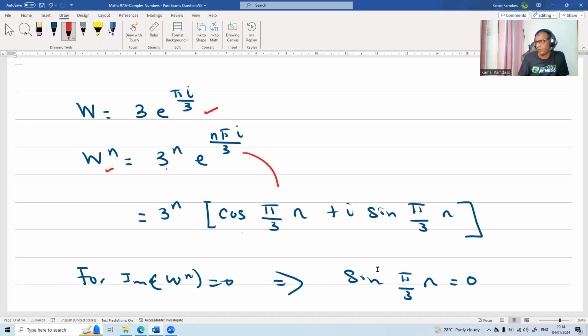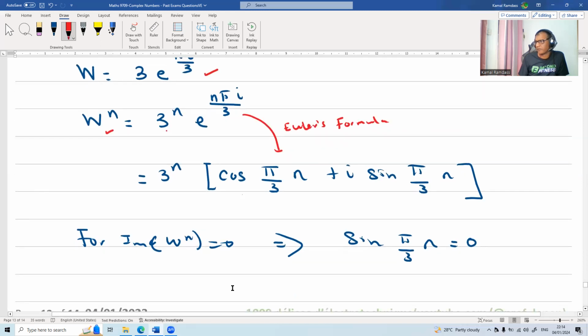Okay, and now we use the famous Euler's formula. Okay, avec ça, il vient cos pi by 3 n plus i sin pi by 3 n.